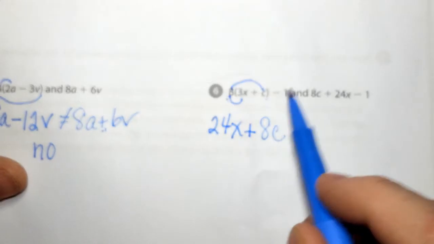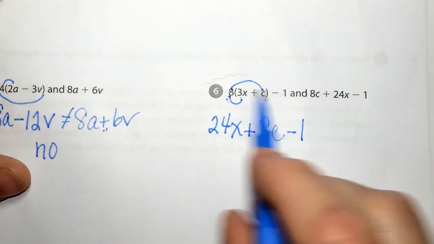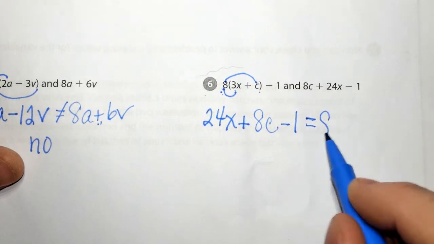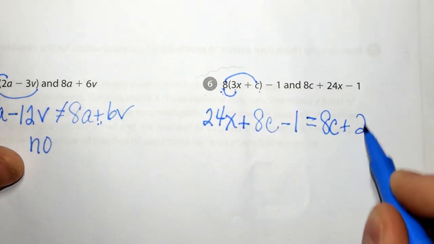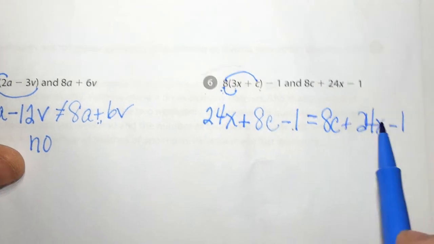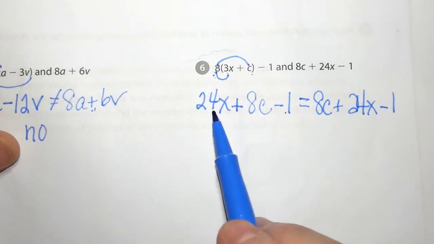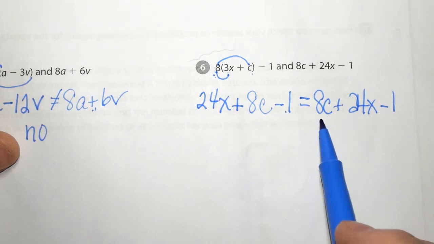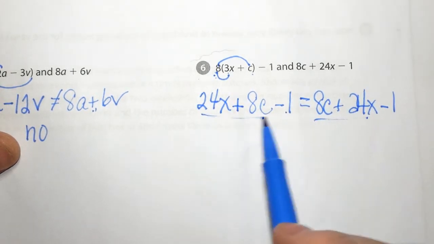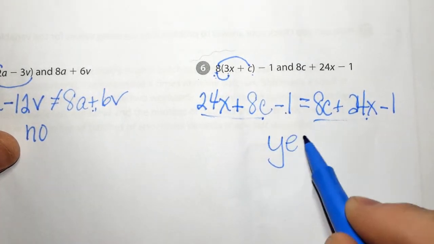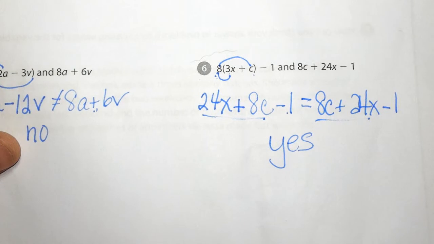And then we have the minus 1 out here by itself. It doesn't go with the rest of that. And we want to see if that's equal to 8c plus 24x minus 1. So we have the minus 1, that's the same. The 24x is the same. The 8c is the same. So this part is the same as this part. It's just flipped. And then we have the minus 1. So yes, that is the same thing.